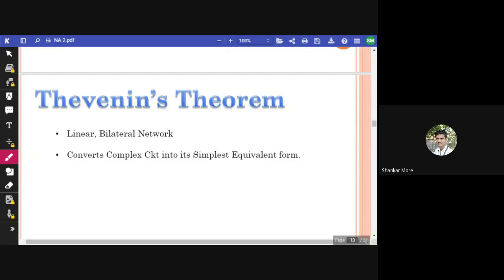I guess everybody has at least heard the name of Thevenin's theorem, isn't it? So what exactly is it? Let me simplify this. Thevenin's theorem is applicable for linear and bilateral networks. Now, what is linear and what is bilateral? I have already told you the definition of a bilateral network. If a circuit contains bilateral elements, which is a bilateral element?